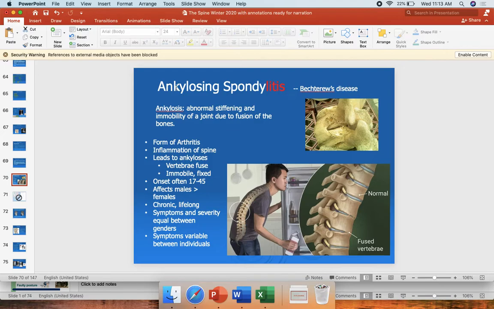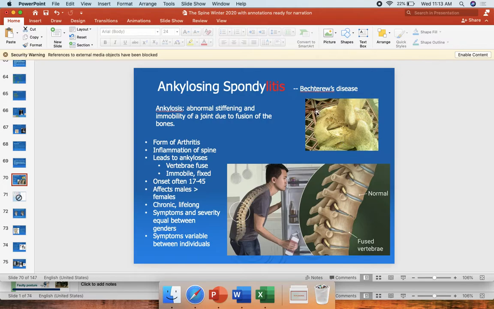So it's losing its mobility because of the spondylitis, the inflammation. What is actually going to happen here is we're going to have a chronic condition which is going to cause the bones to want to grow and develop. And what's going to end up happening, you can see here, is the vertebrae will end up fusing over the disc, which will result in loss of mobility at that joint.